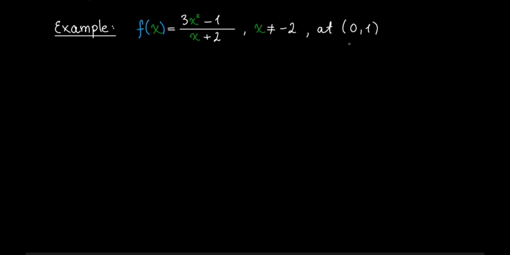Please note that the point at which they ask you to evaluate the tangent and normal are the points x0 and y0. If the y0 value wasn't given originally in the question, then you can always just plug the x value into f of x and you would get 1 out. Or in general, you would get the y0 value.